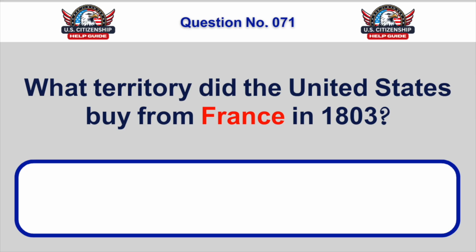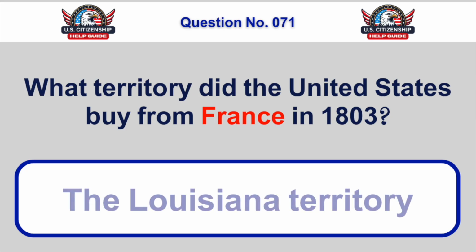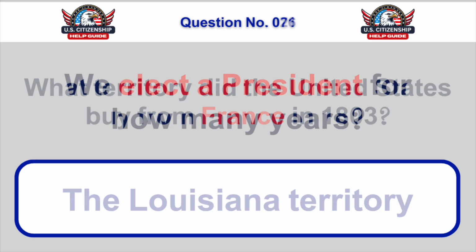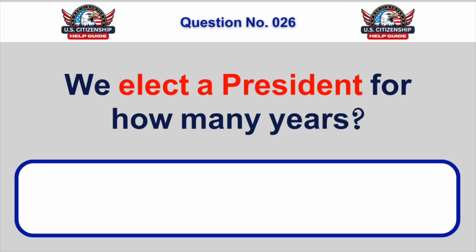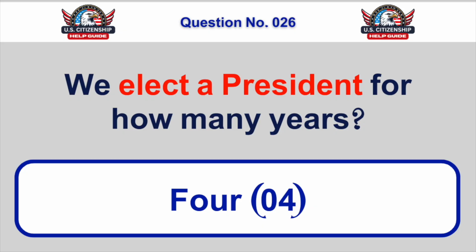What territory did the United States buy from France in 1803? The Louisiana Territory. We elect a president for how many years? 4.